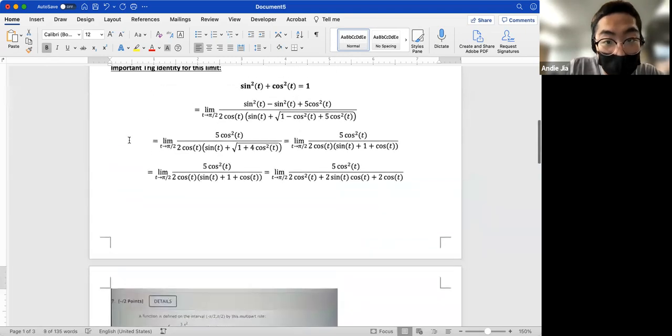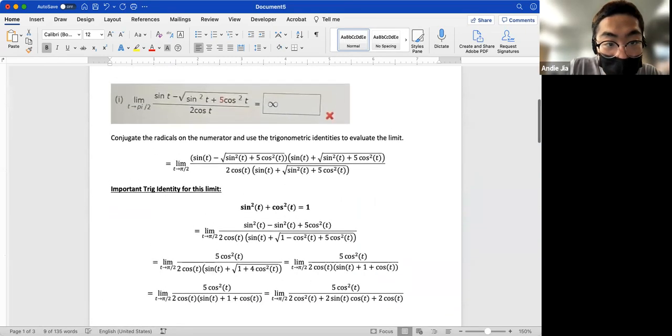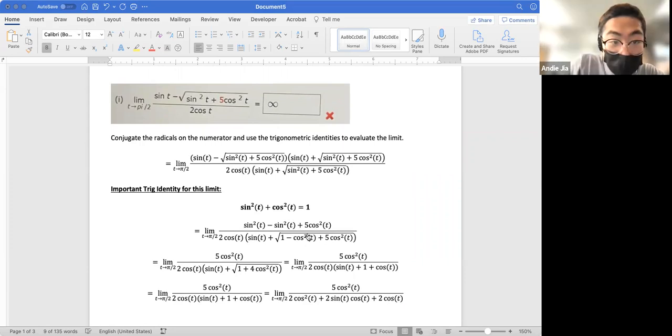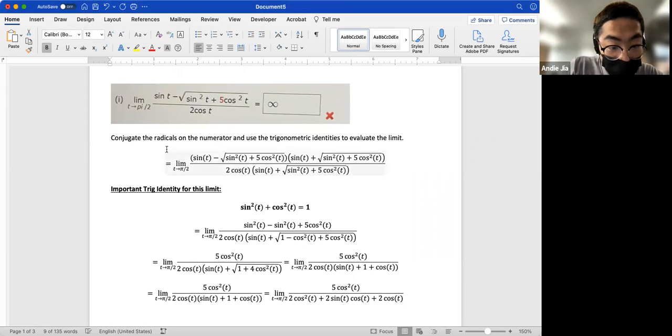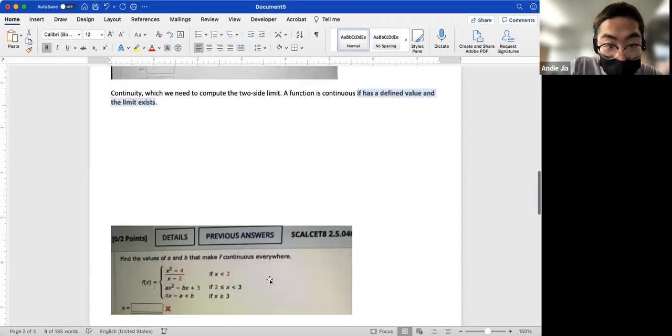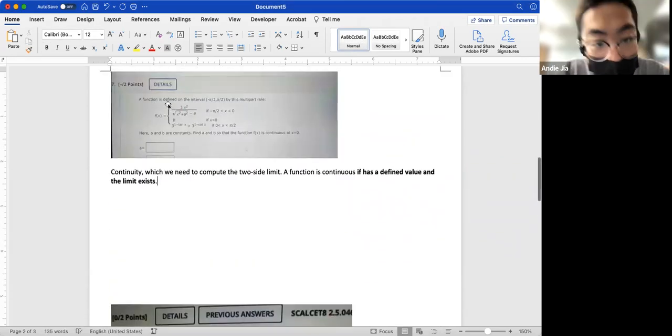Let's put it in. Sine t minus the radical, and in both cases we check that the limit exists.